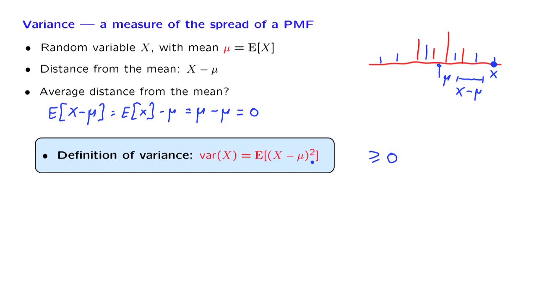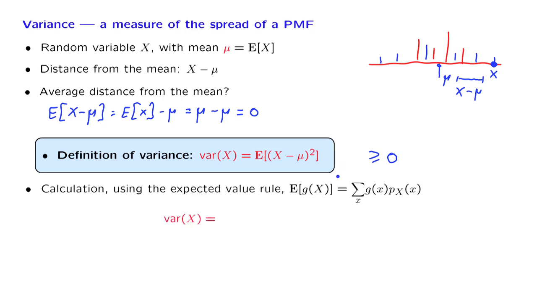How exactly do we compute the variance? The squared distance from the mean is really a function of the random variable x. So it is a function of the form g of x, where g is a particular function defined this way.